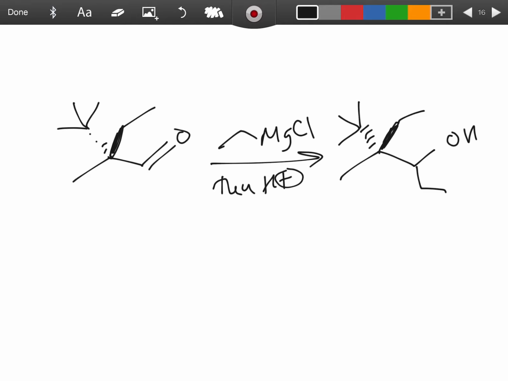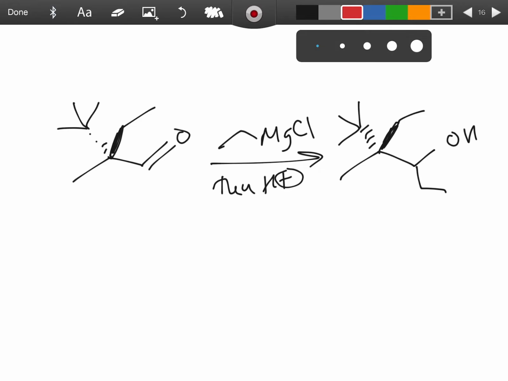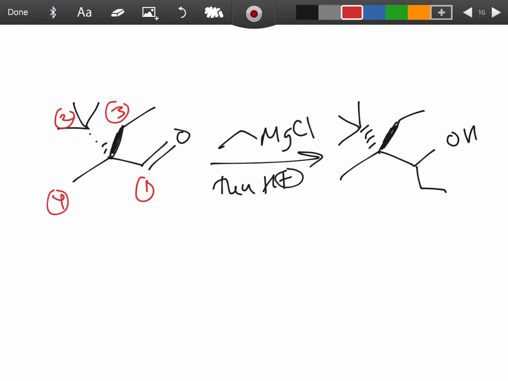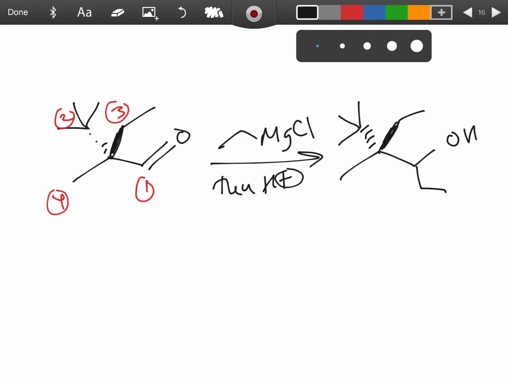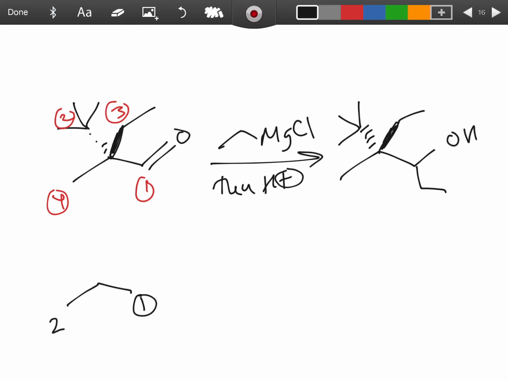Now I just need to figure out R and S, right? So again, this will do it right. 1, 2, 3, and of course I put the low priority group there. Way to go, me. We'll switch 4 and 2. 1, 2, 3, 4. So this would be R, so this is S.